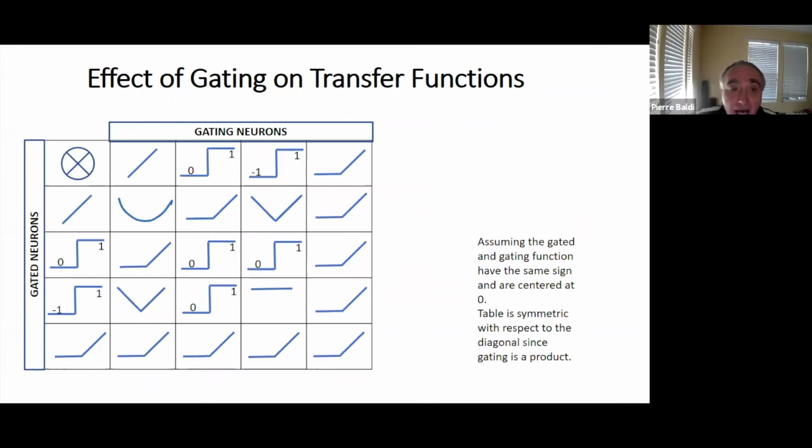So let's look at the effect on the transfer function. Imagine that you have gating neurons with different activation functions, such as a gating neuron that has a linear activation function, a Heaviside 0,1 function, a sign threshold function from -1 to 1, or a ReLU. And imagine that this neuron is gating another neuron which has similar transfer functions, and that they have the same inputs. What happens? Well, if you're gating linear with linear, you're multiplying the two linear functions, you get a quadratic function.